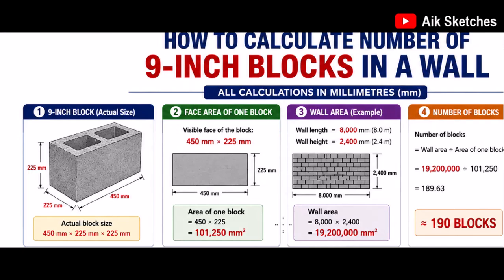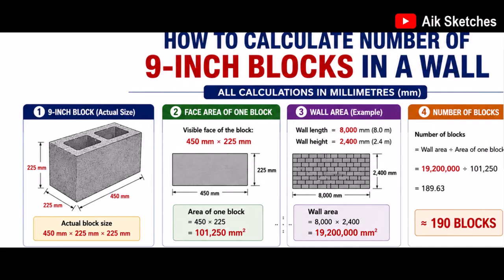Now we're going to calculate the wall area. For the purposes of this class, the wall length is 8,000 millimeter, while the wall height is 2,400.